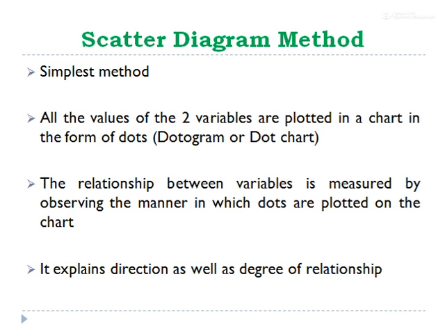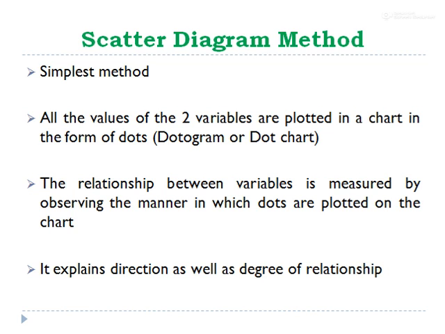Scatter diagram method is the simplest method of studying the relationship between two variables. One variable is shown on the x-axis and the other is shown on the y-axis. Each pair of x and y variable values is shown on a chart in the form of dots. When all the pairs of values are shown in the chart, it is called a scatter diagram.